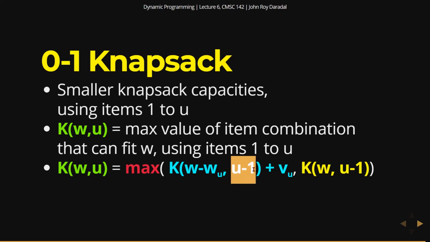So this is without item u, and then if we add item u, then you add the value. But if we don't need item u in the solution, then we'll just look at the previous sub-problem where it is still the same capacity, but we don't consider item u in the solution. Okay, since we don't know whether we should include u or not, then we'll try both cases and we'll take whichever gives us the max value.